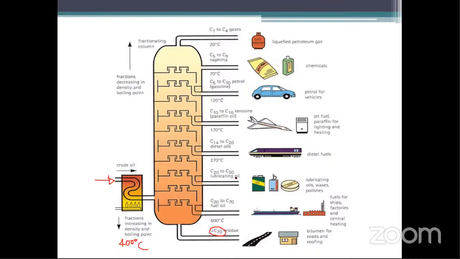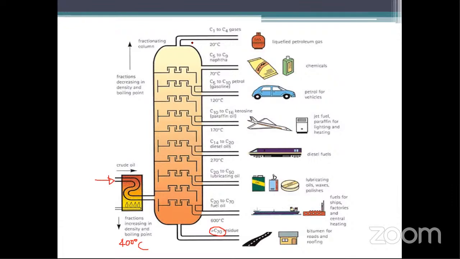You have lubricating oil that they use to make like shoe polish and floor polish and waxes. Those have 20 to 50 carbons in those molecules. Diesel has 14 to 20 carbons. You have kerosene, 10 to 16 carbons, gasoline, 5 to 10. Naphtha, which is used in making several chemicals, has 5 to 9 carbons, and then you have 1 to 4 carbons being the gases which come off at the top of the column.